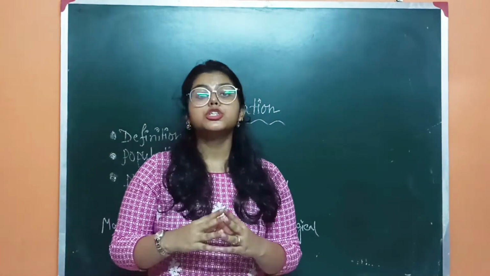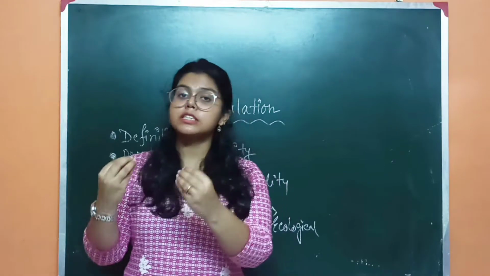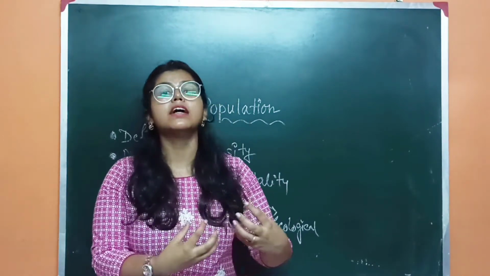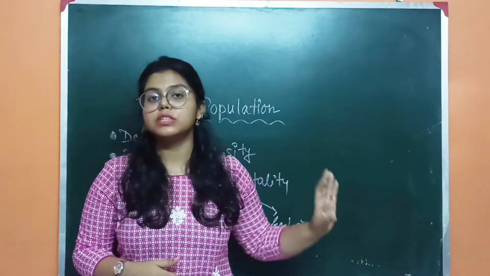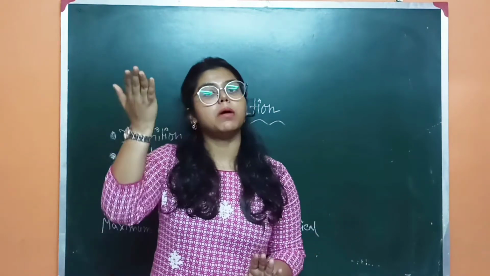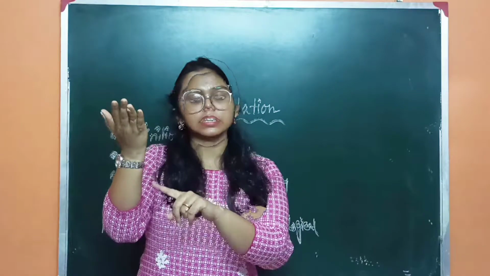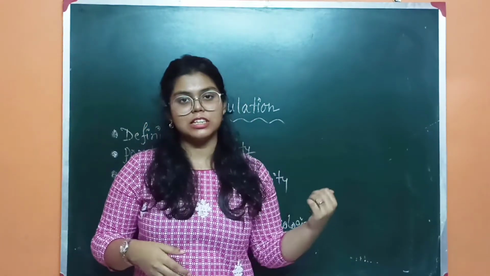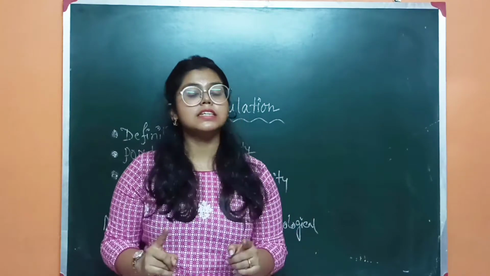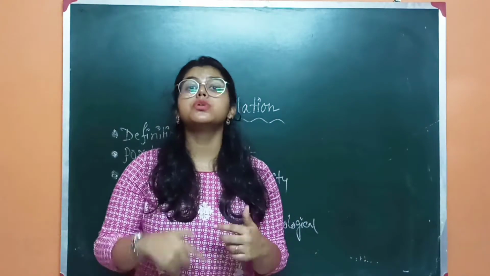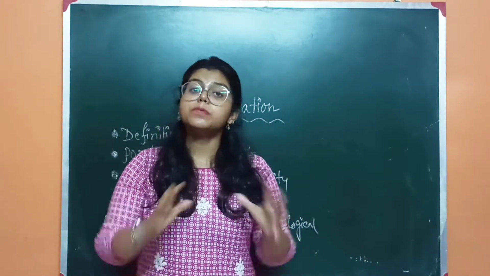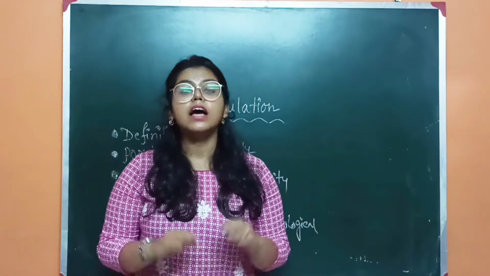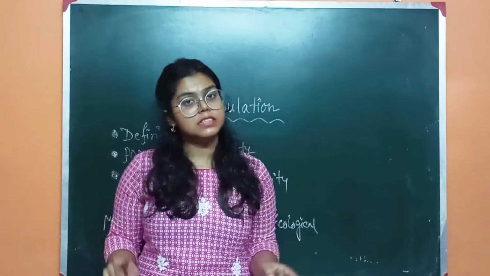When new individuals come to the earth, some individuals also die. So the increase of the population is through natality, and the decrease is through mortality. Both are needed to explain the population of a given area per unit time.